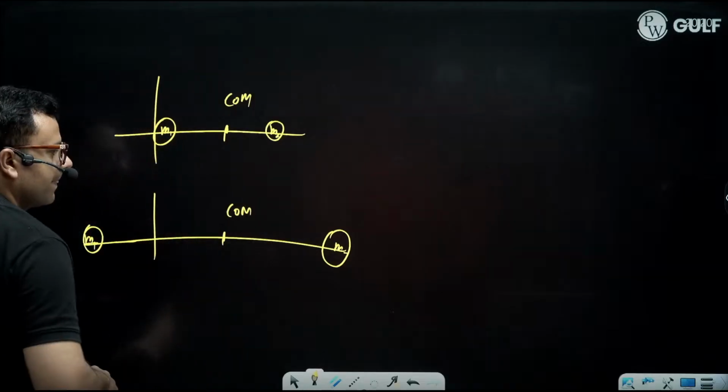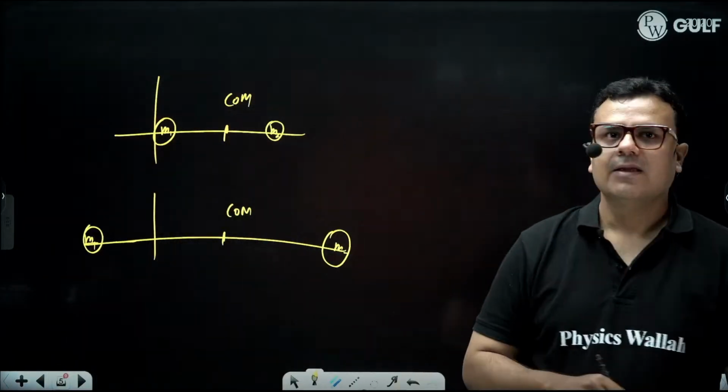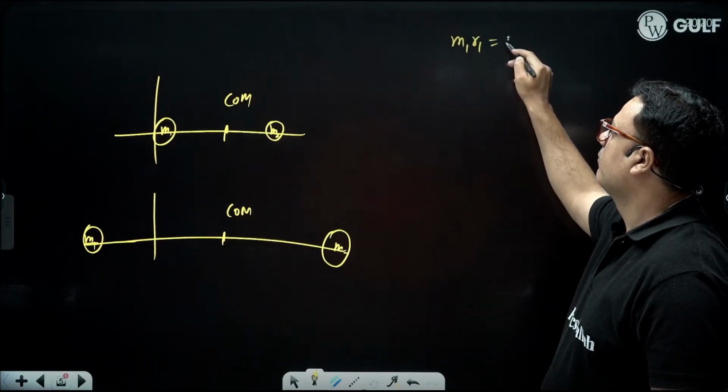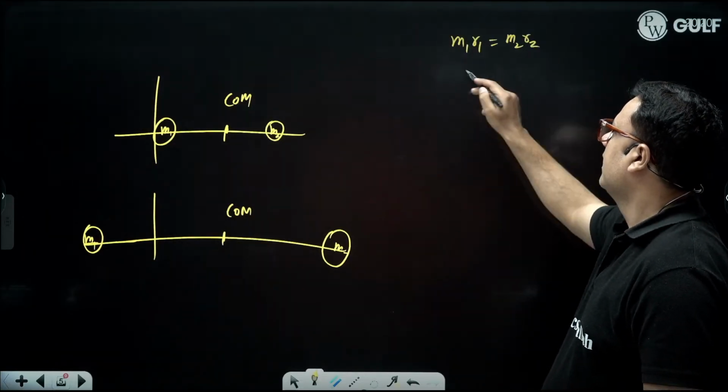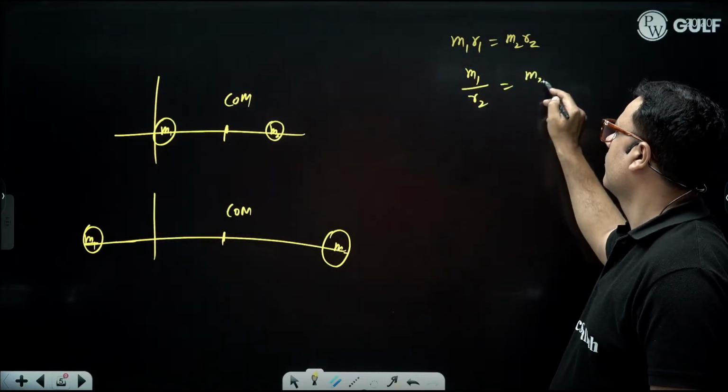Then we can write down this condition: M1 R1 will be equal to M2 R2, meaning M1 upon R2 equals M2 upon R1.